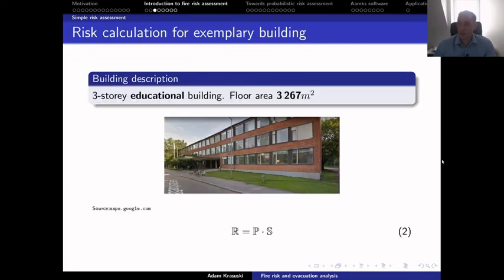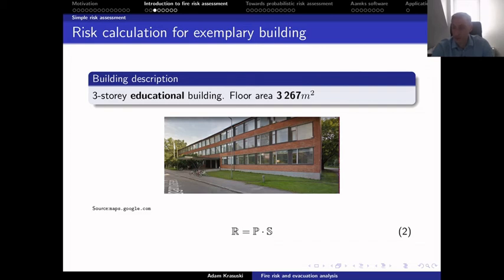Okay, the simplest way of calculating the risk is to check the probability and the severity of these consequences. I'm expecting you are in this building, maybe not now, but in normal cases you study in this building, and it may be interesting to calculate the risk related to this building.